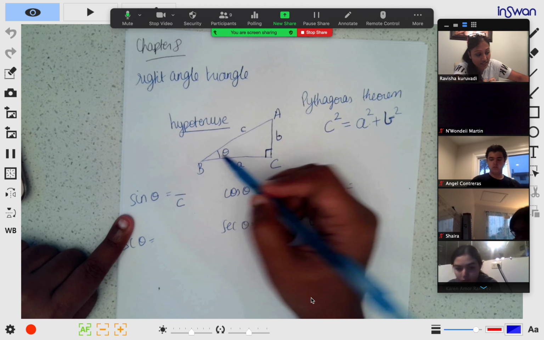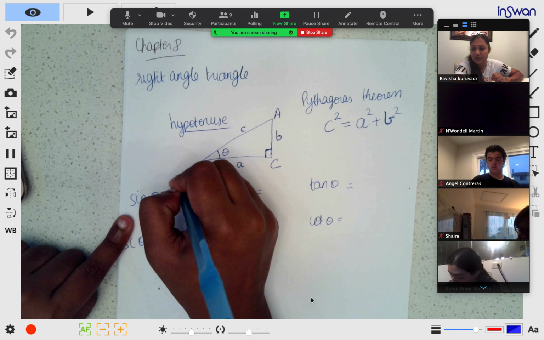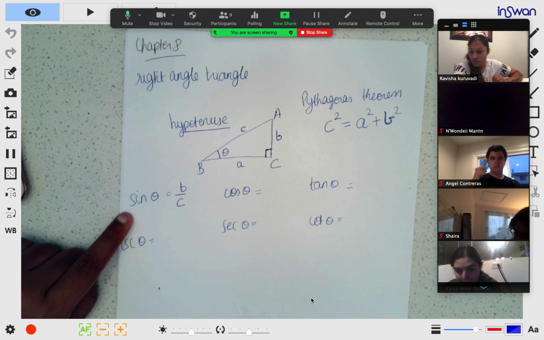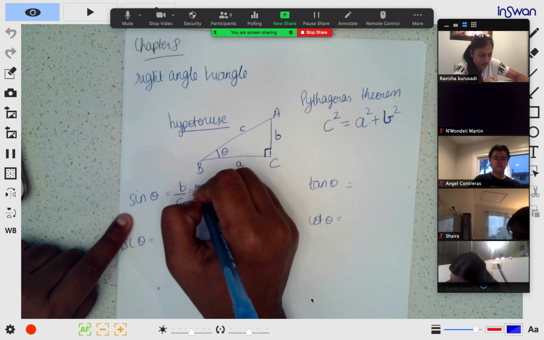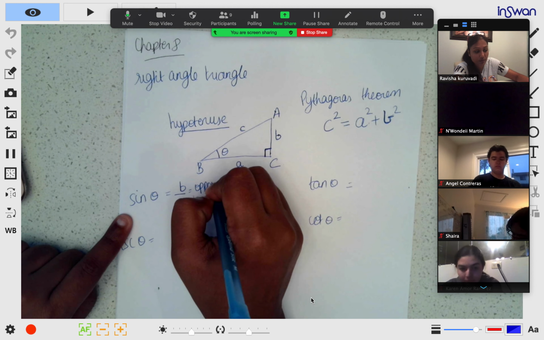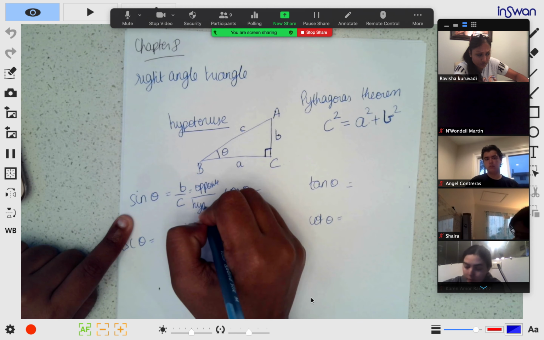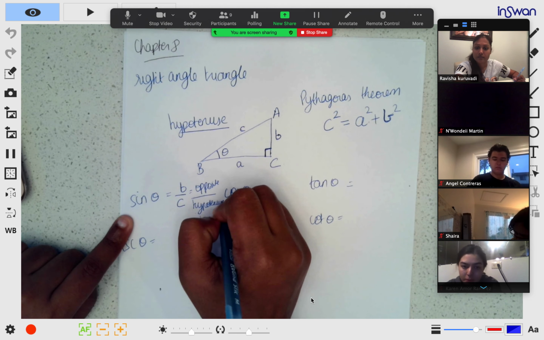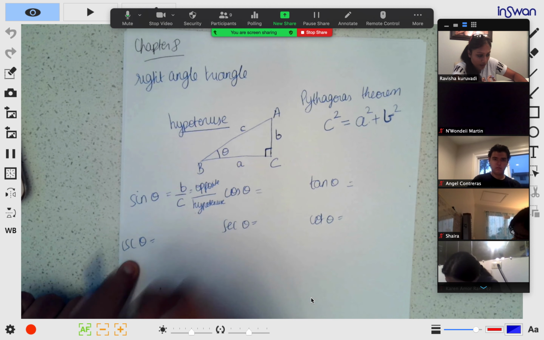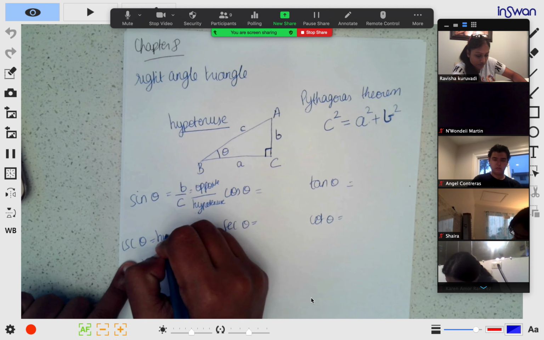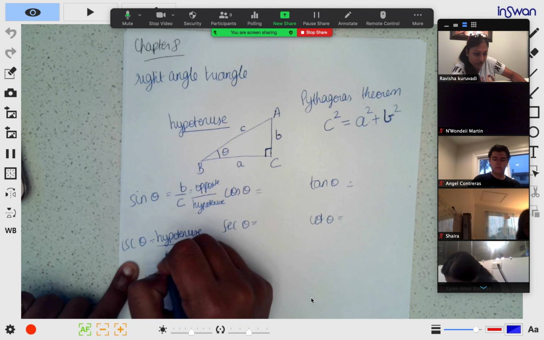Perpendicular means the side opposite to theta, so it will be B over C. Basically, opposite over hypotenuse. And cosecant is just the opposite of it, so it becomes hypotenuse over the side opposite to theta.